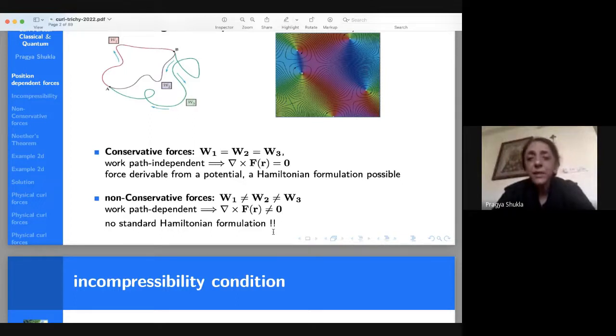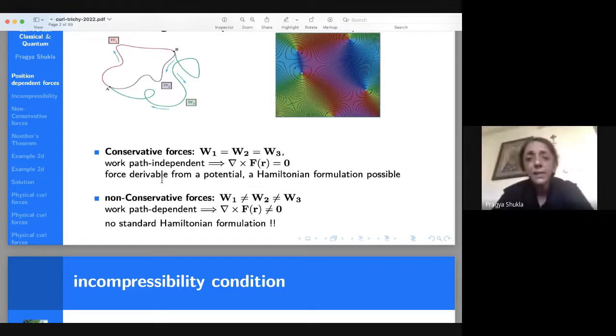In that case, F cannot be written in a gradient form, so no standard Hamiltonian formulation is possible. If you do not remember your basics, students, then just remember that for non-conservative forces, no standard Hamiltonian formulation is possible. Non-conservative forces satisfy the condition that del cross F is not 0, and F cannot in general be written as a scalar potential.